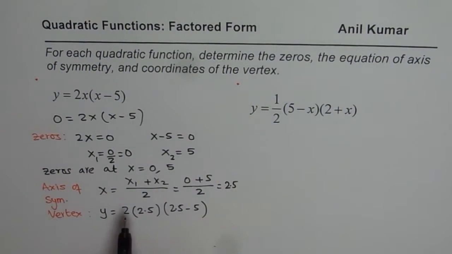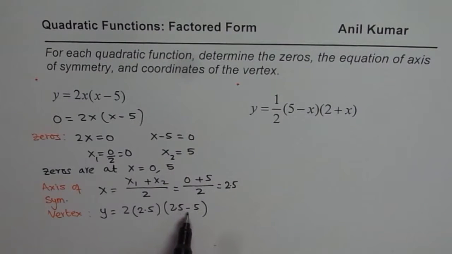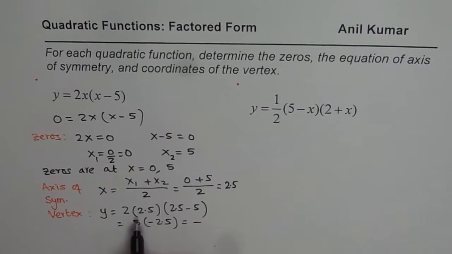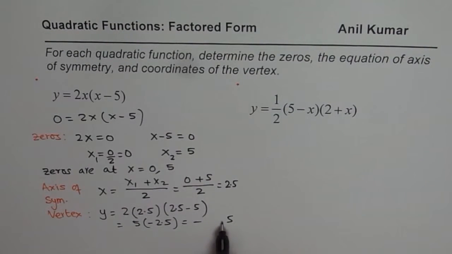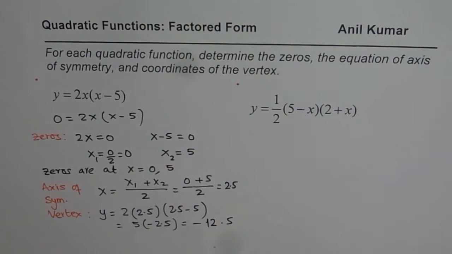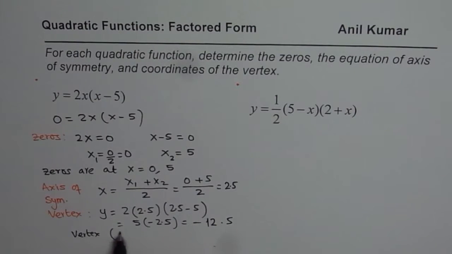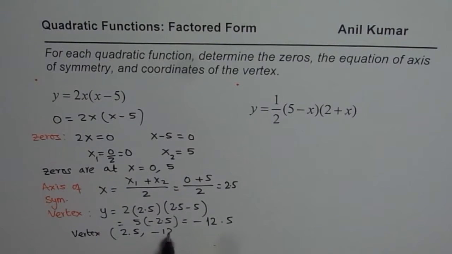Calculate this: 2.5 minus 5 is negative 2.5, and twice 2.5 is 5, so 5 times negative 2.5. You can multiply them, you get a negative value. You can also use a calculator. 5 times 2.5 is 12.5, so the y value is negative 12.5, and therefore the vertex is at x equals 2.5 and y equals minus 12.5.